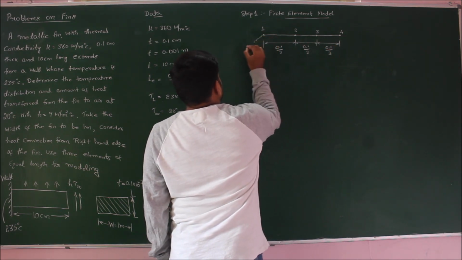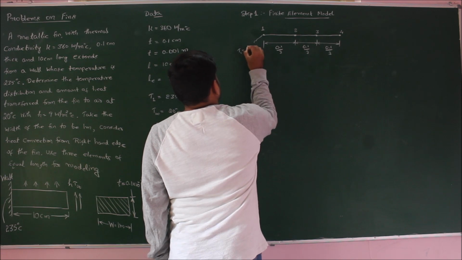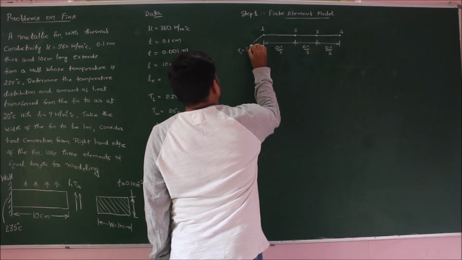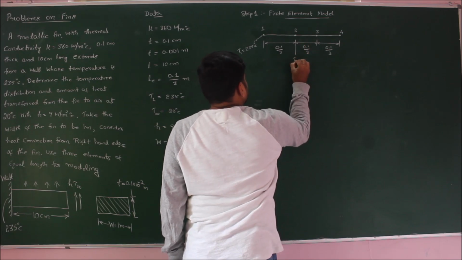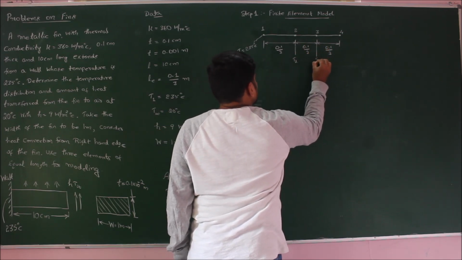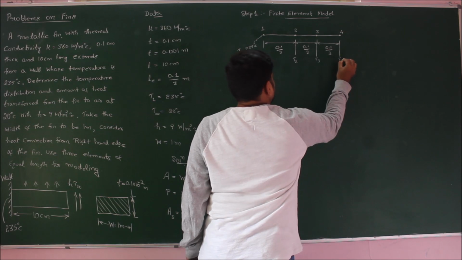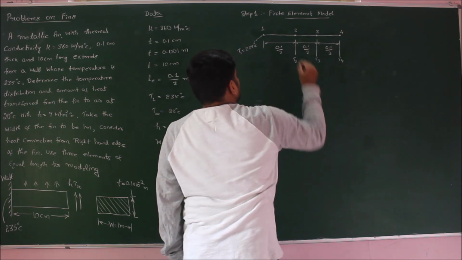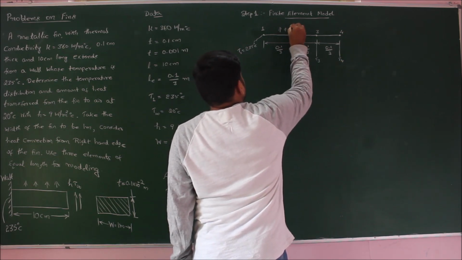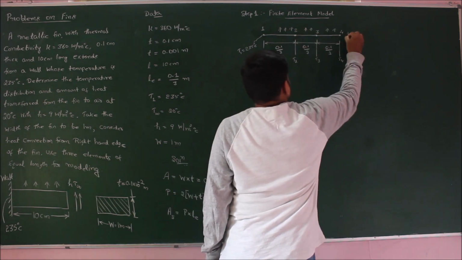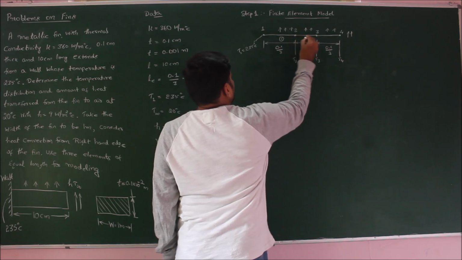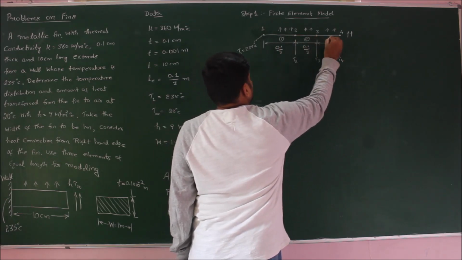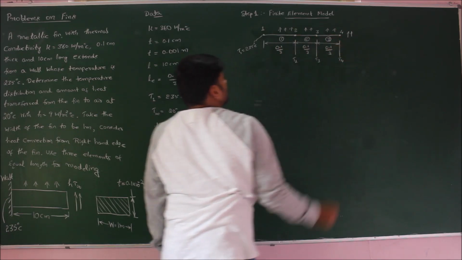The boundary condition is T1 equal to 235 degrees Celsius. We should calculate T2, T3 and T4. We have convective heat transfer for all the elements and also end convection for element 3. So this is element number 1, this is element number 2 and this is element number 3.